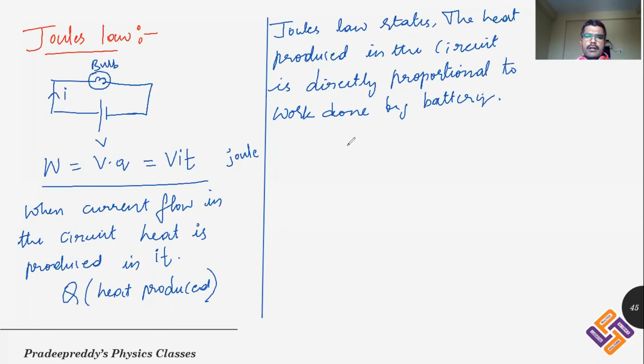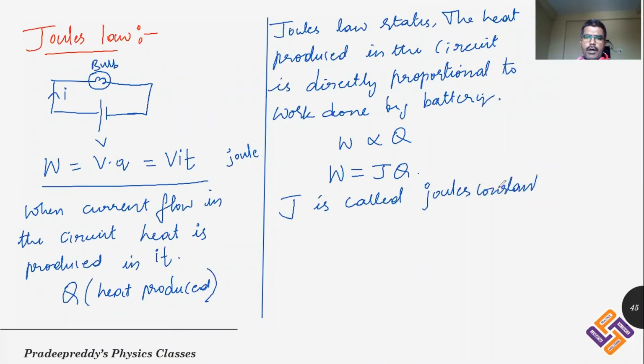So therefore, W is directly proportional to Q, and W is equal to JQ, where J is called Joule's constant, or it can even be called the mechanical equivalent of heat.